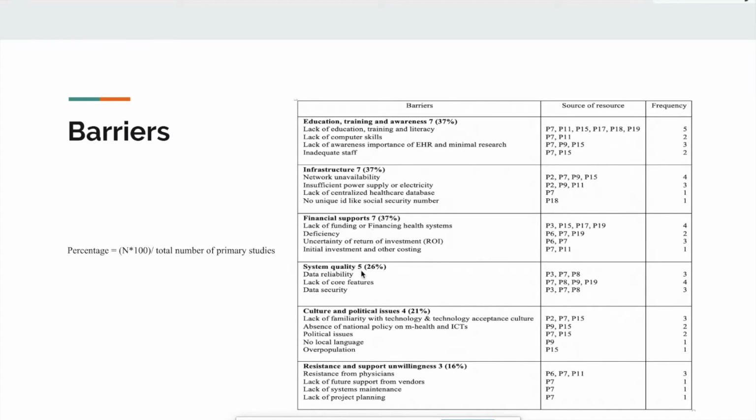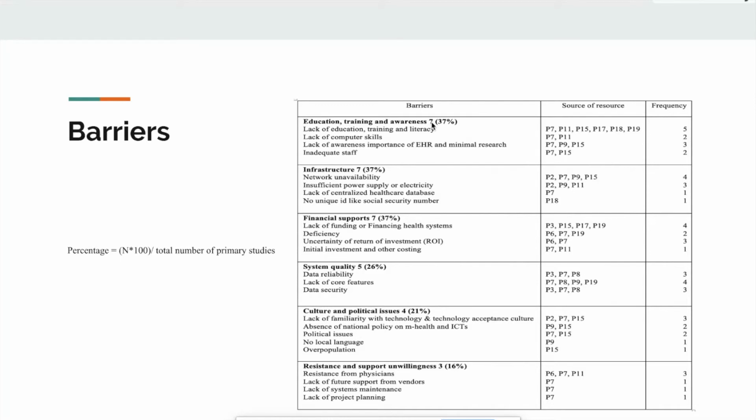Lack of system quality, culture and political issues are also hampering healthcare information system implementation, and resistance and unwillingness to support are also responsible for barriers to successful healthcare IS implementation.